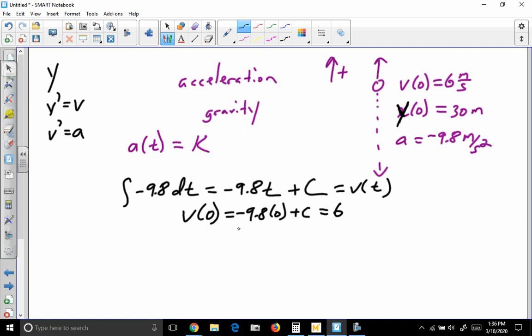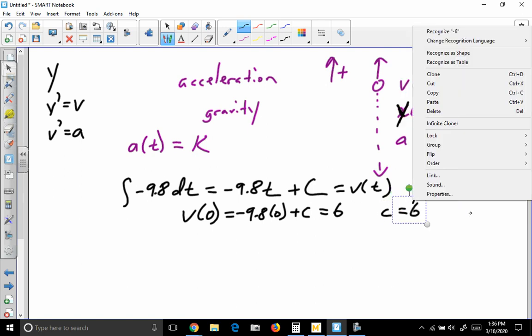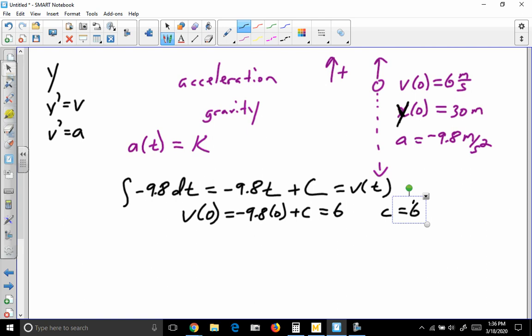Anything times 0 is 0, so c would be 6. So our velocity function is negative 9.8 t plus 6.